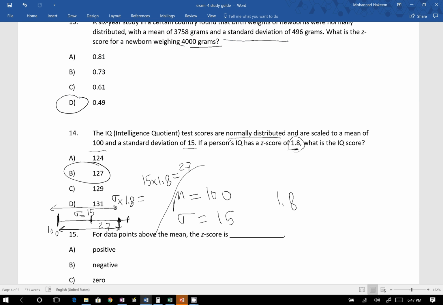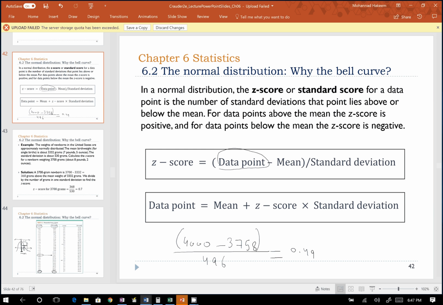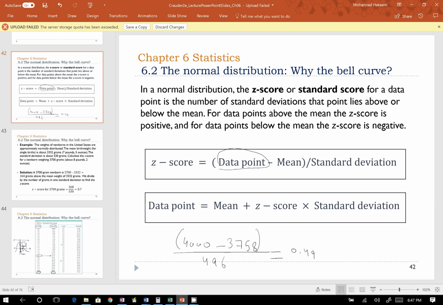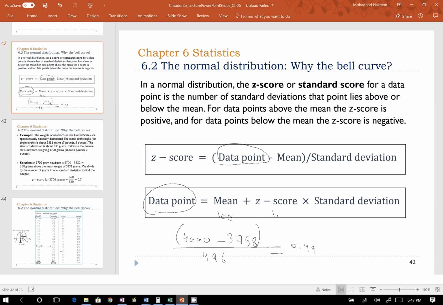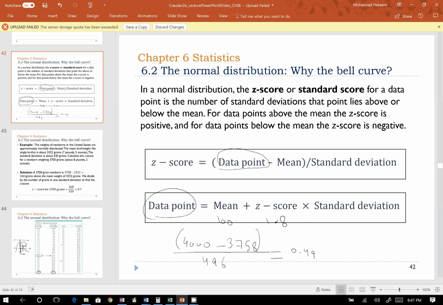If you don't like drawing the curve and seeing how the data look, you can always refer to this formula. The data point is equal to the mean plus the z-score multiplied by the standard deviation. So your mean is 100, the z-score was 1.8, and your standard deviation was 15.